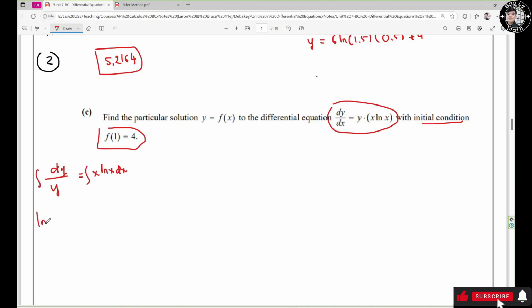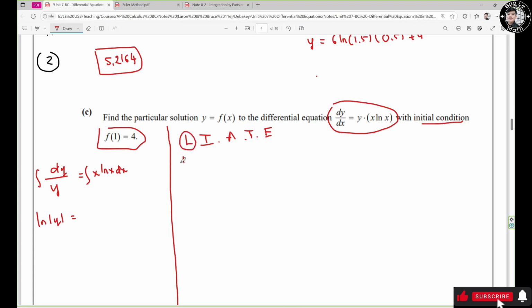So it can be natural log of absolute value of y equals. In order to calculate the antiderivative of the right hand side, we need to use integration by parts. Remember we have L, I, A, T, E. L stands for natural log, so we have log right here.